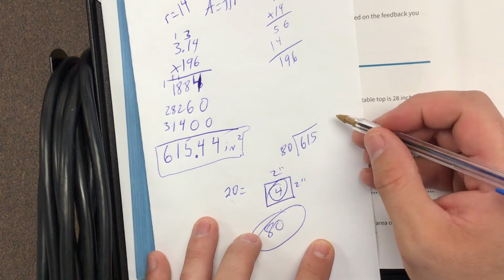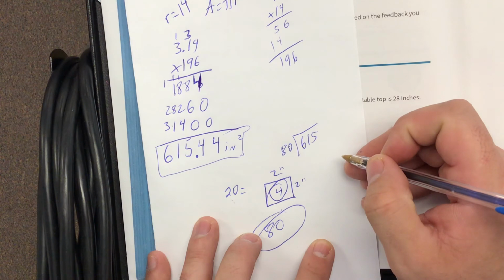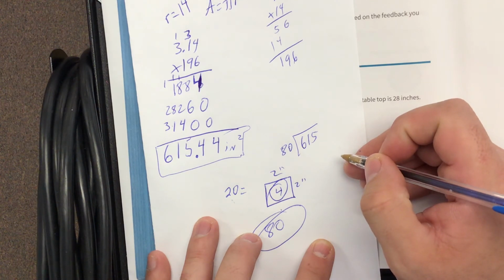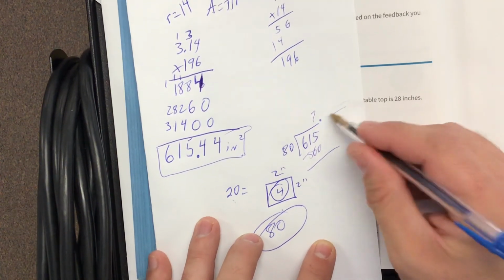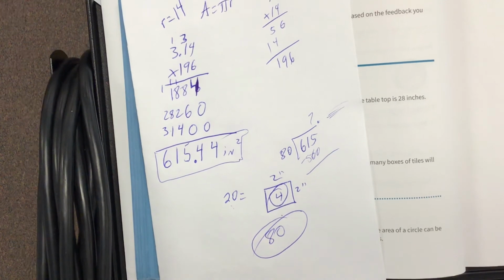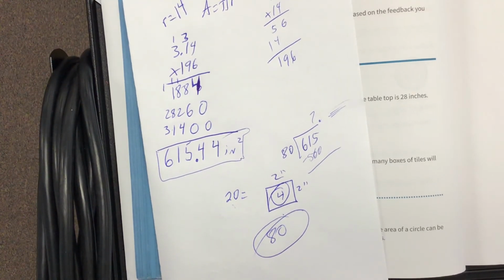Give me a number. How many times will 80 go into that? 7? And then it's going to keep going, right? 7 point something. So if I'm going to go buy tile, how many boxes do I need to get? Around 7, 8.